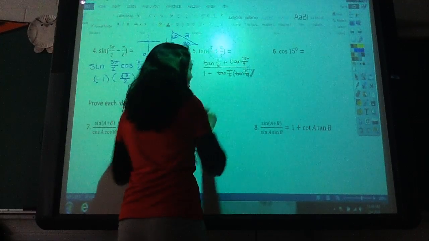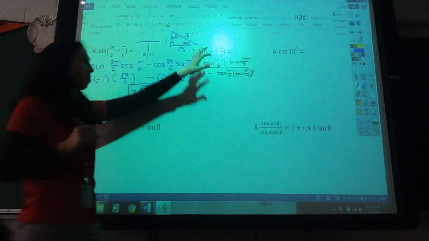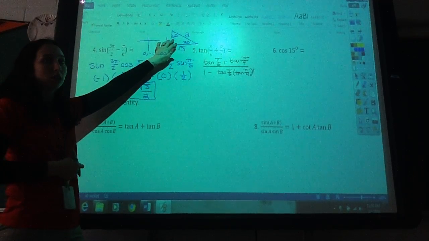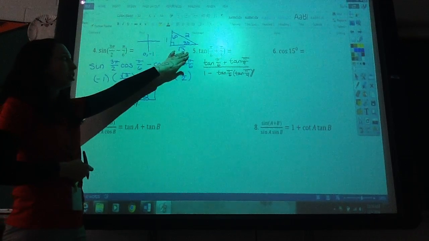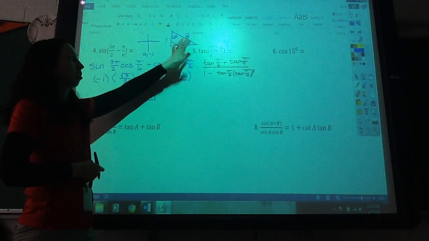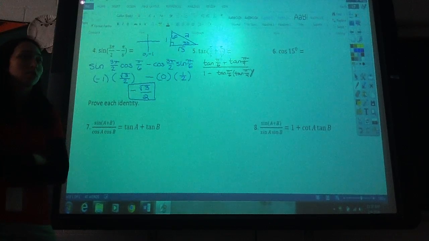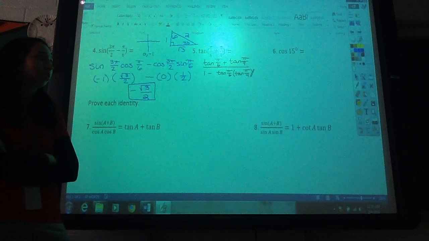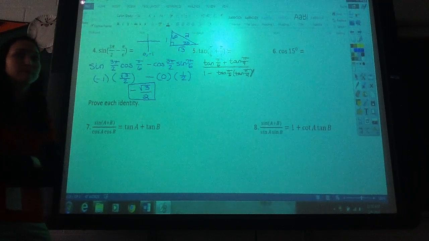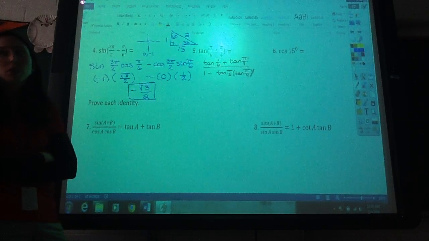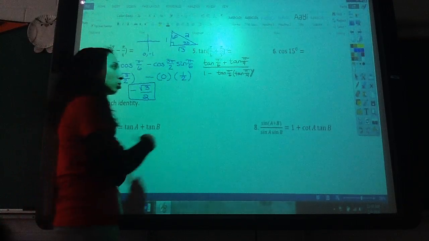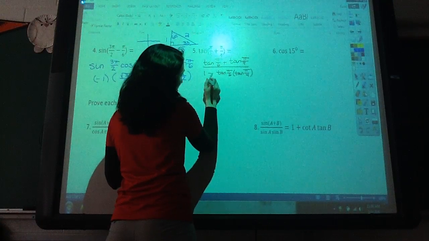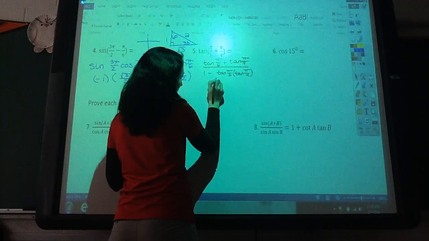Alright. So obviously the pi over 6, that goes right back into the triangle we were already using, right? What is the tangent of 30 degrees? 1 over the square root of 3, which becomes root 3 over 3. So the tangent of pi over 6, you can replace with root 3 over 3.